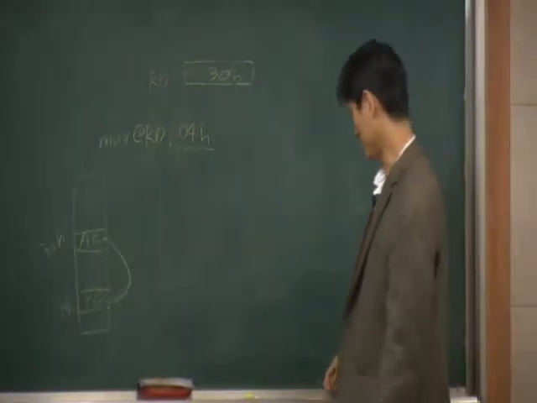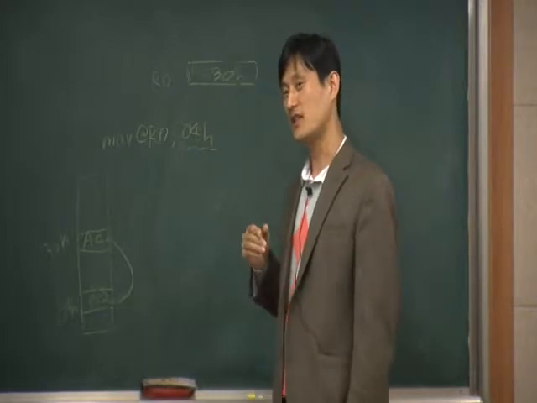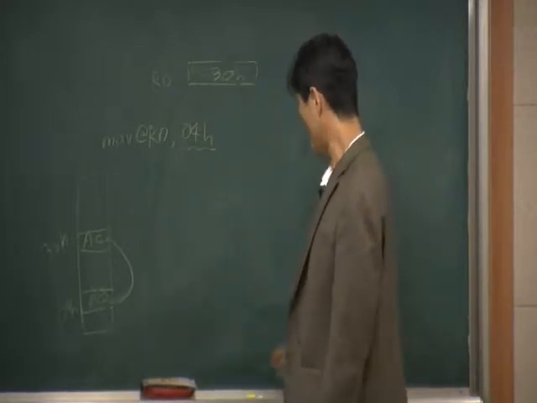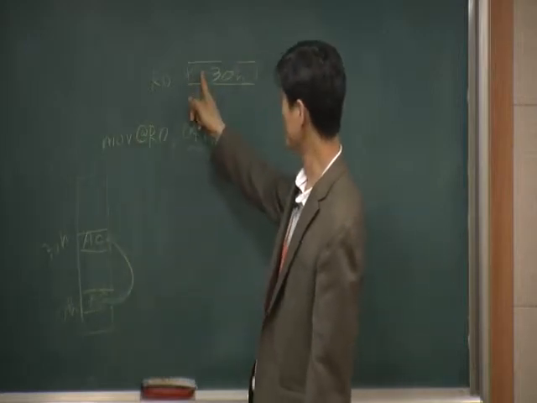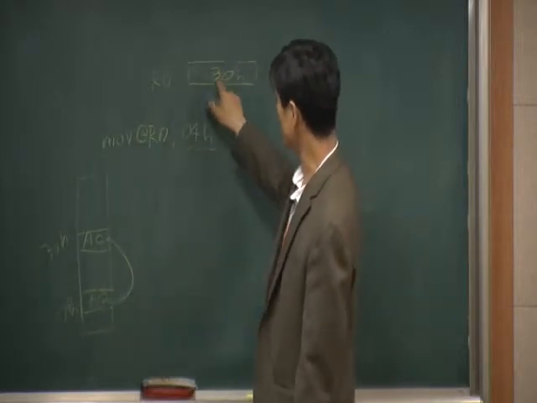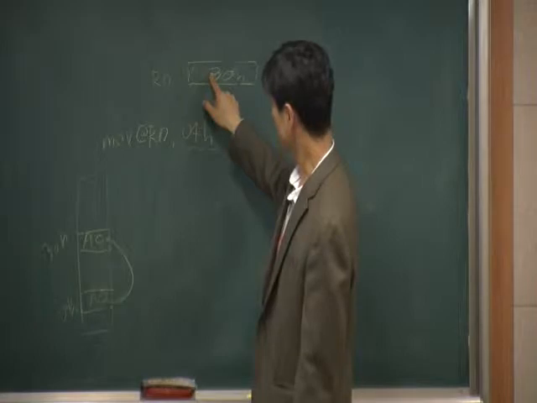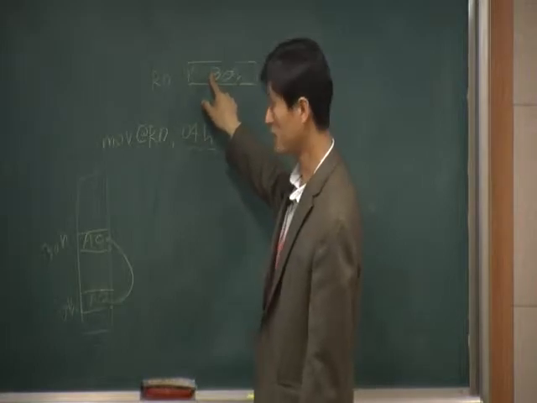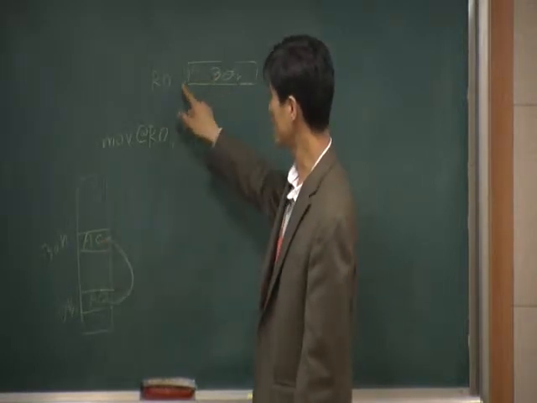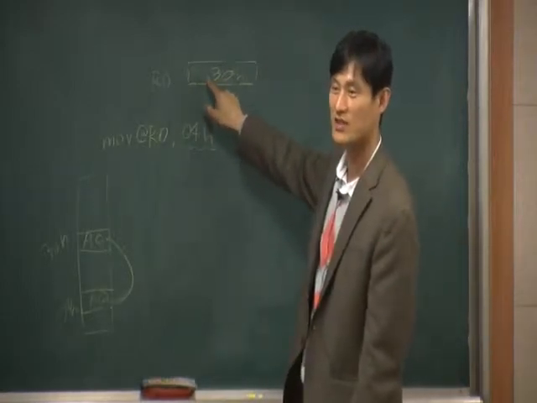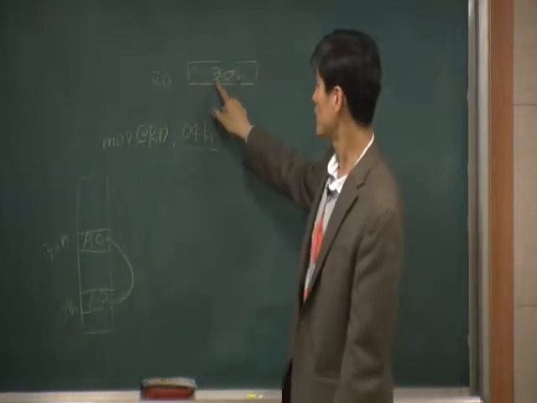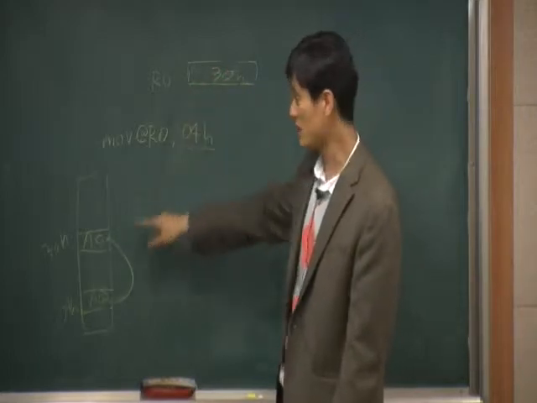Let's understand what that means. Why do we call this indirect? Because this value does not directly go to R0, but we use this value, right? And this value is now the destination. So the R0 value is not changed. The value inside R0 is going to be the destination.